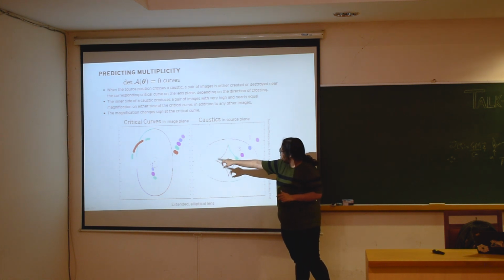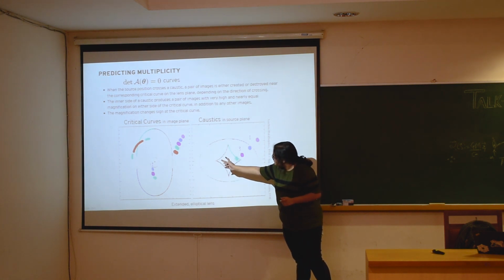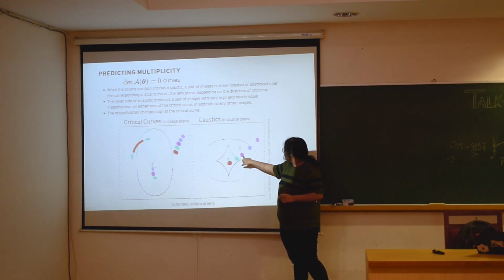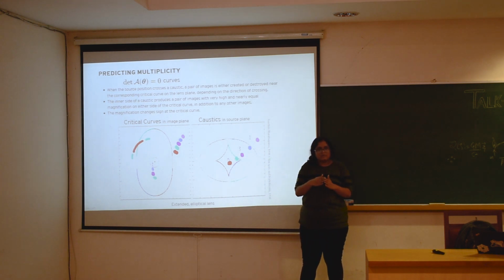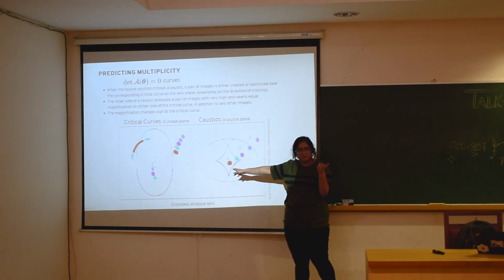You can see the green also has 5 images, sorry, and the magenta has 3. If you cross the curve, the number of images will change by plus or minus 2. If you come inside, it will increase by 2. If you go outside, it will decrease by 2.